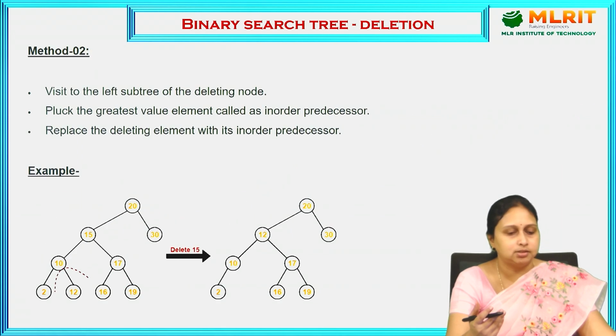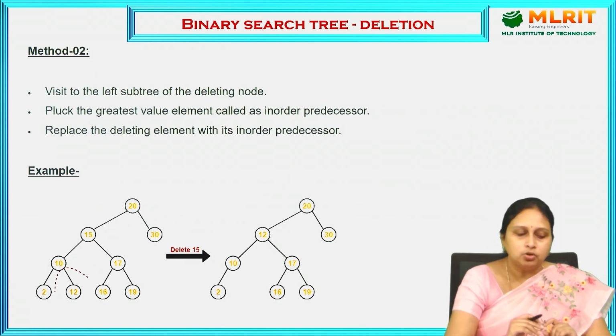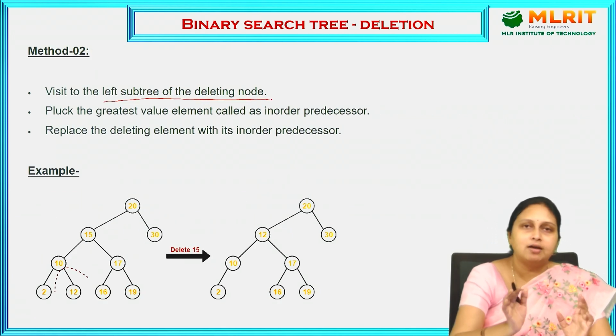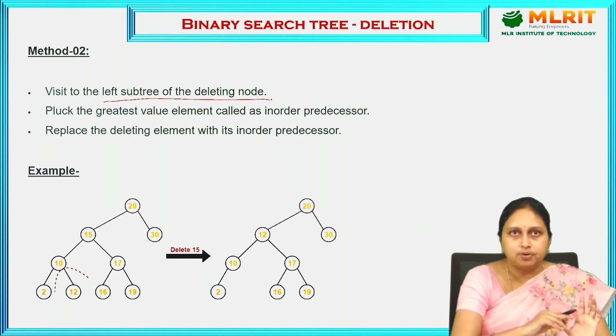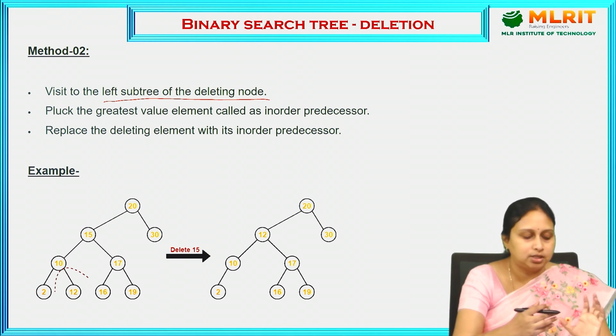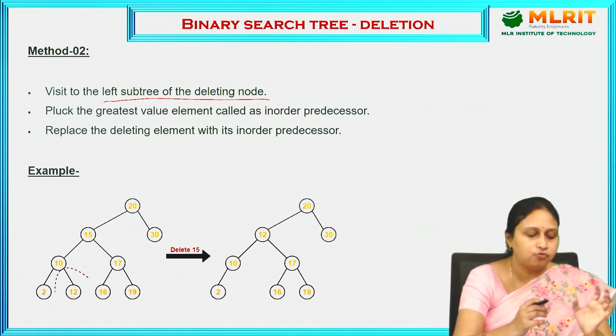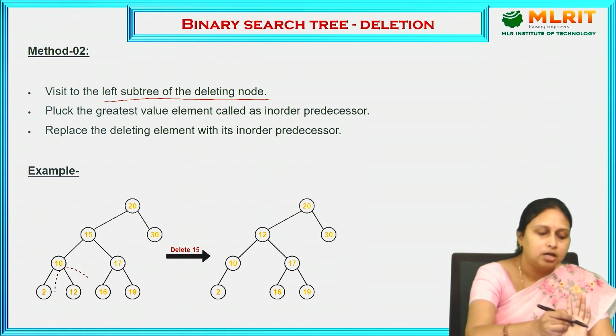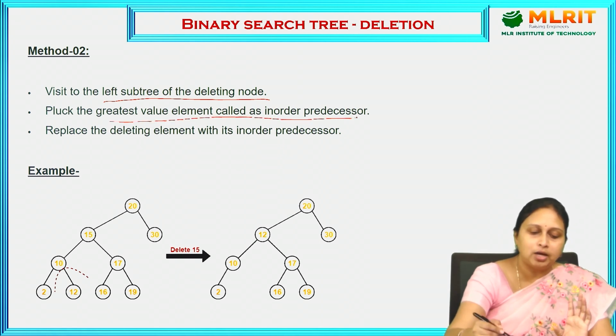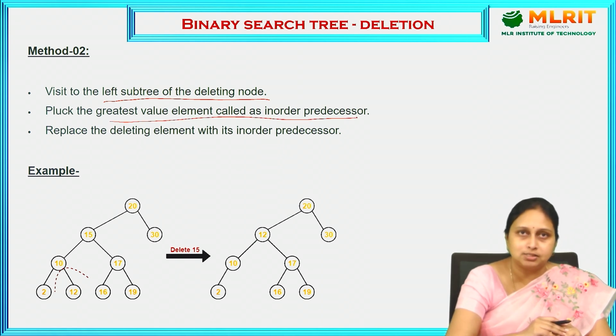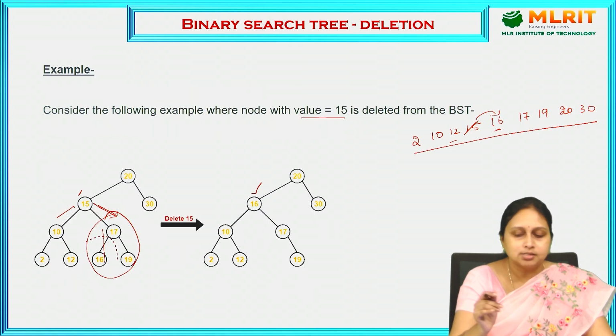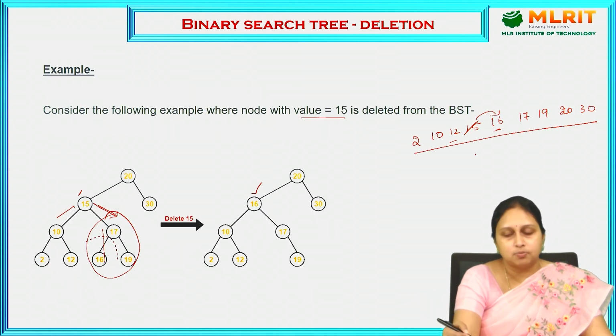Okay, let us see. Method 2: visit the left subtree. If I have selected the left subtree for replacing 15, pick the greatest value element, called the in order predecessor. I told you, right? Both in order successor and in order predecessor will be there.